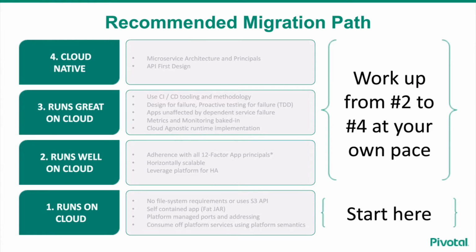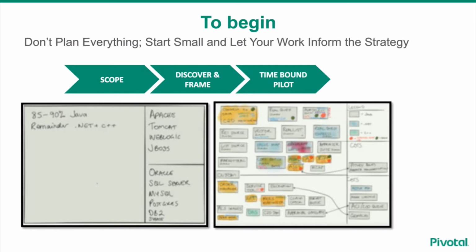And we prefer to say, hey, start down here, right? Just make it run on the cloud. Do the minimum necessary to get rid of or refactor blatant 12-factor violations that just make it incompatible, right? And then work up from number 2 all the way up to number 4 at your own pace and as requirements dictate. And do that in a style where you don't plan everything out waterfall style up front.